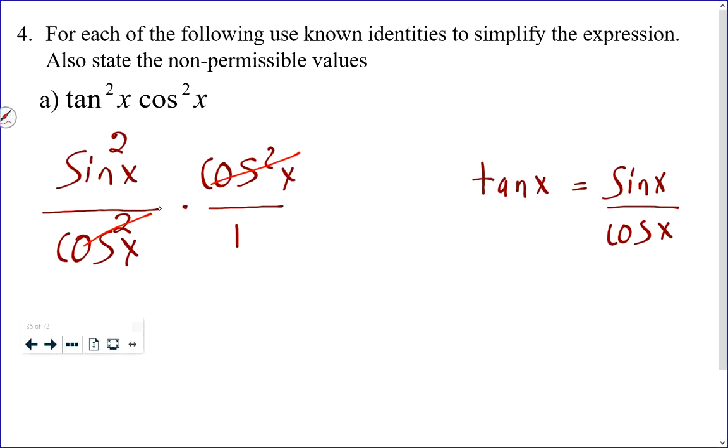Yes. This is not something I would have seen. What Sienna is saying is, based on this, sine of x is equal to tan of x cos of x. Am I following you correctly? So therefore, tan squared times cos squared is sine squared. Yes.